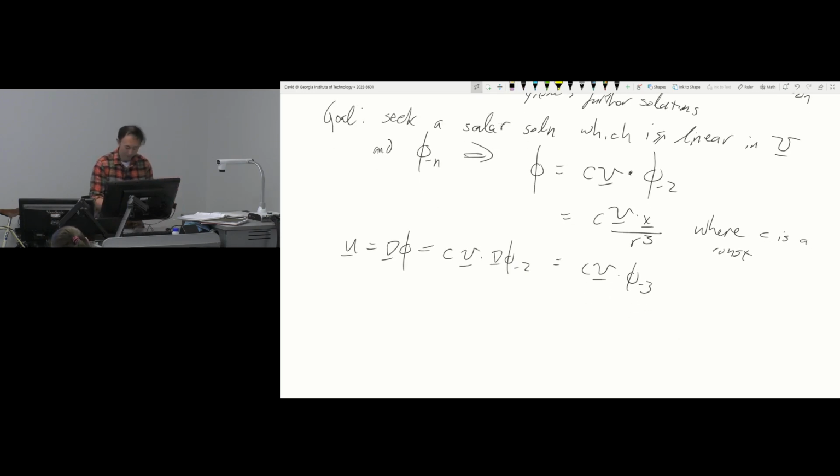It looks like this: c v over r cubed minus 3 x r cubed over r to the 5th.